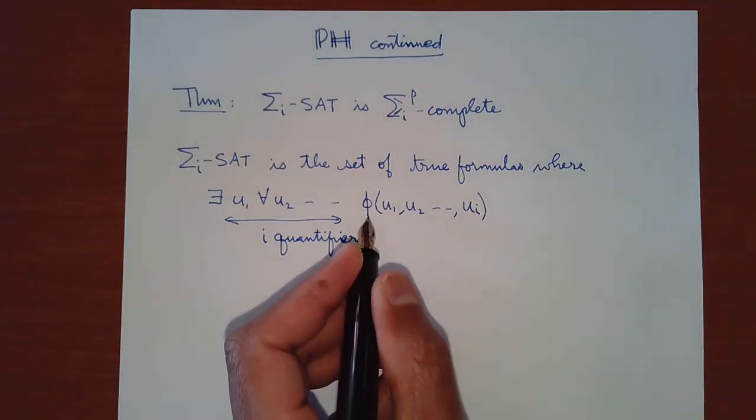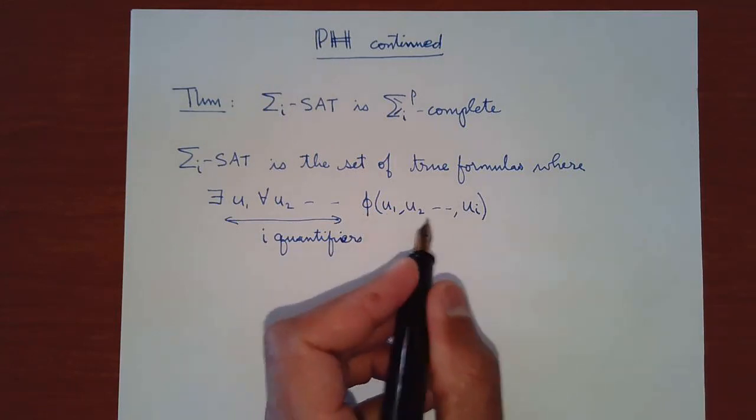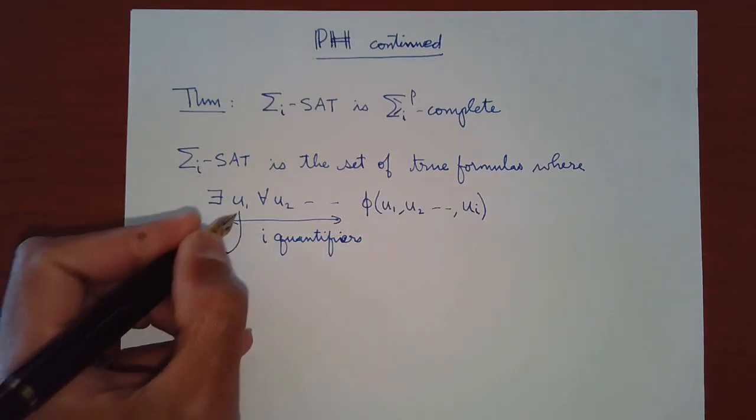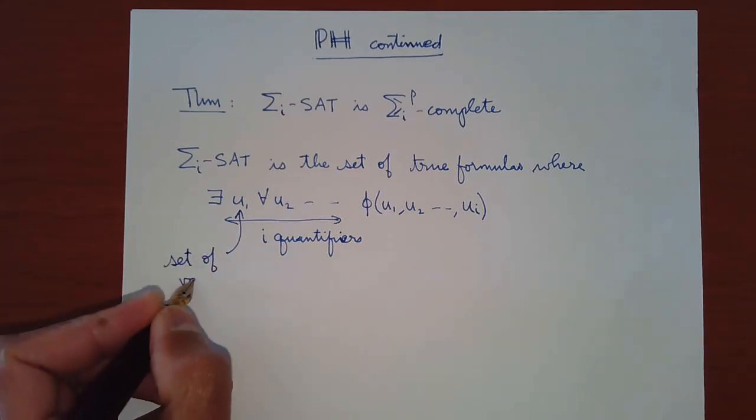Right, so the way to think about this is that your formula has blocks of inputs. It has i blocks of inputs, and there exists on the first one, a for all on the second one, so on and so forth. So you should think of this as some sort of set of variables.